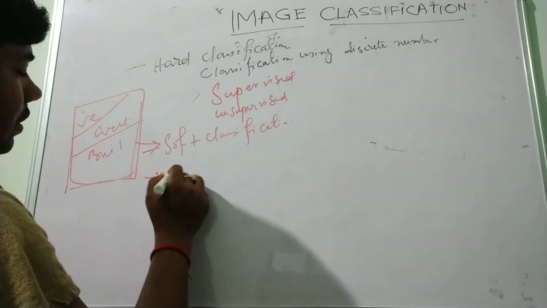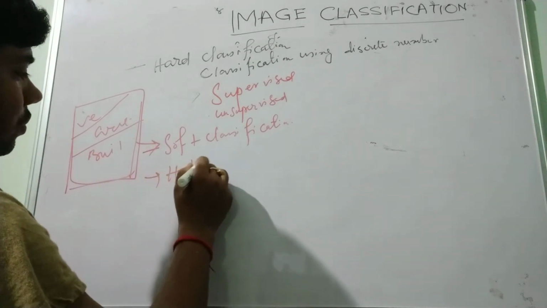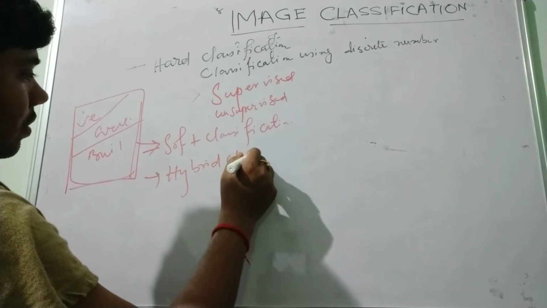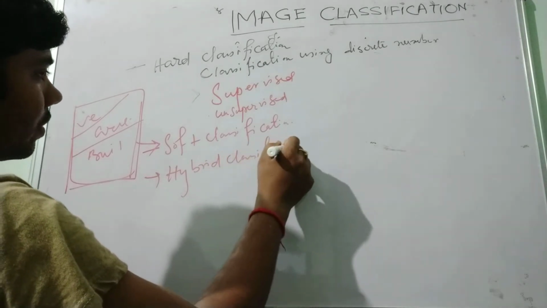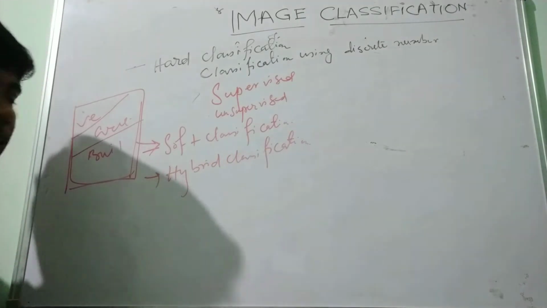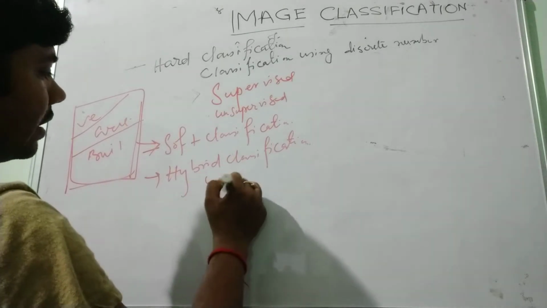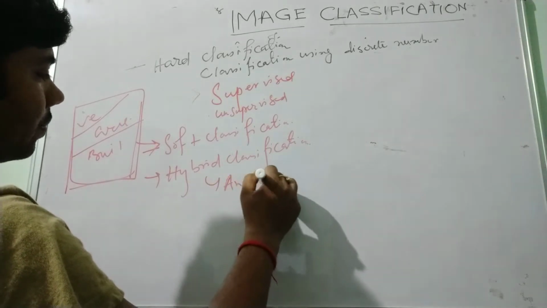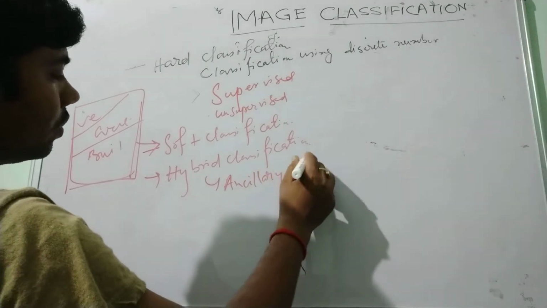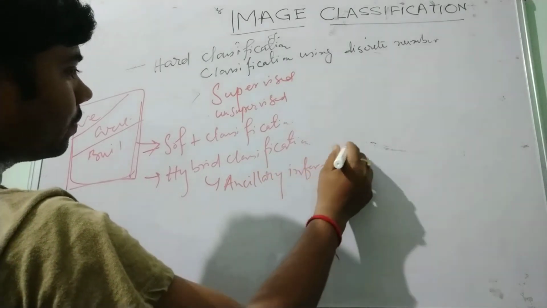And the third one is the hybrid classification approach. This classification includes the expert system and artificial intelligence. Here we also use ancillary information to classify the image.